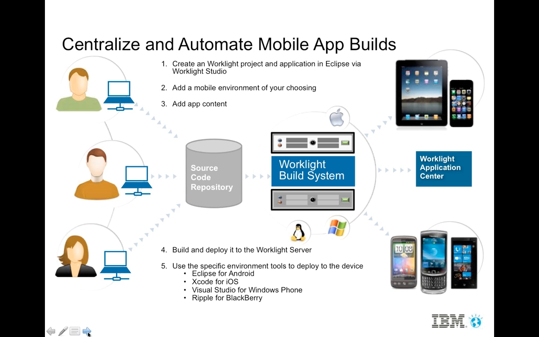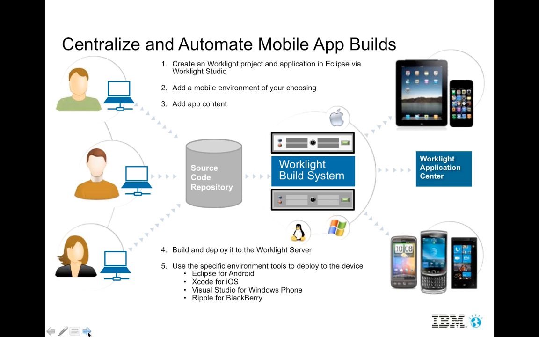But what we're able to do, and we're doing this with a number of customers and indeed within IBM, is that having made code changes and development, when we check our code in, we can trigger an automated build of that, and the Worklight build system will take that code and it'll integrate with the Apple SDK, the Android SDK, and so forth, and actually produce applications as part of an automated build there.